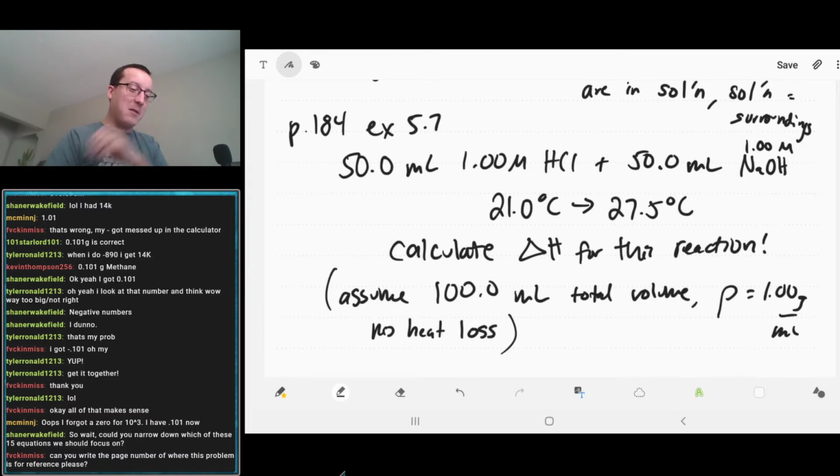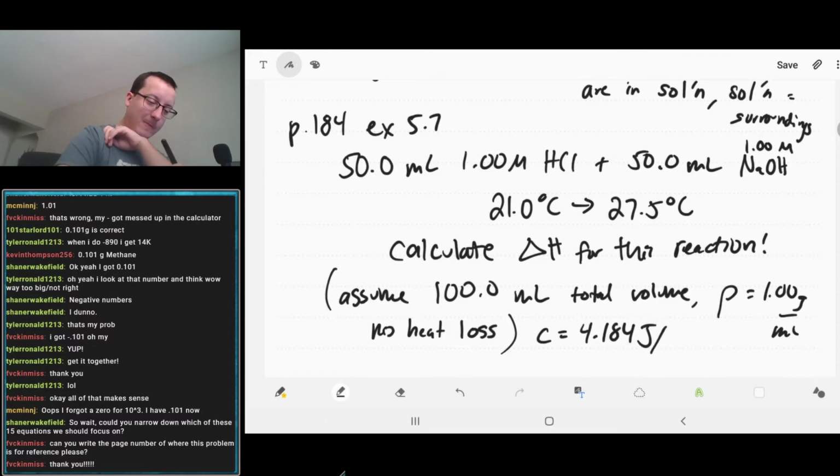But let's look at this problem. We're probably going to run over a little bit in time again, just because I want to make sure that we can understand exactly what's happening here. So, a few more things. For water, that's our specific heat capacity.